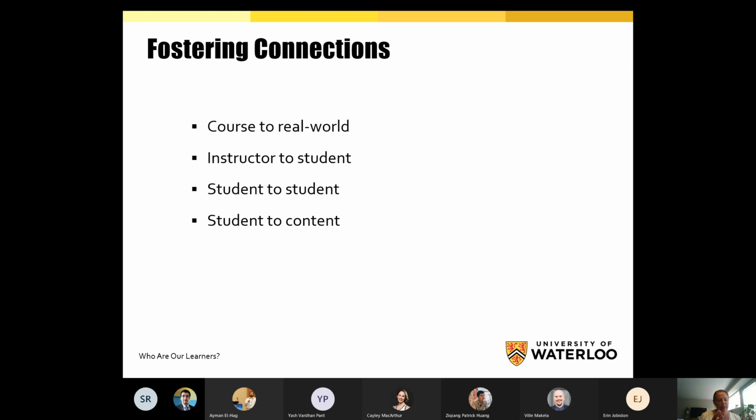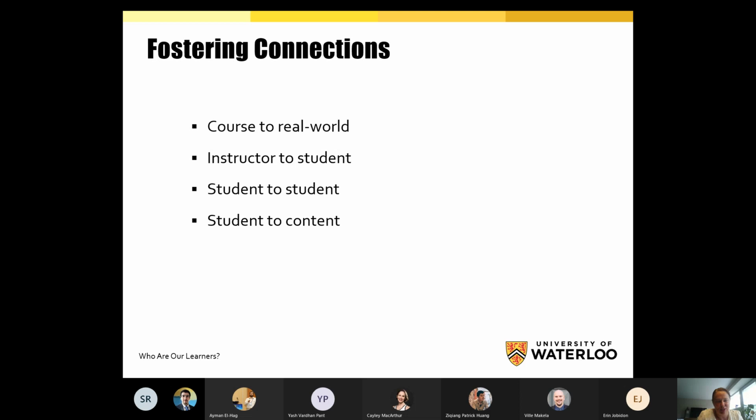I'm going to move along now to talk about connections, because this is something that Erin alluded to early on, and it's pervasive in how we manage our classroom spaces, whether online or in person. It impacts dramatically on the experience for both instructor and student.